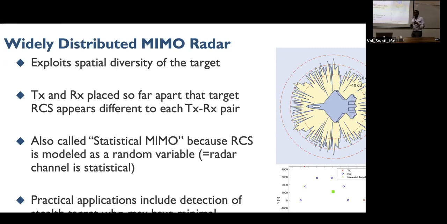The ideal target is a point target, or a small metallic sphere, where you get the same reflection wherever you look at it from. But typically the targets are not like that. So you would get different reflections from different angles, depending on how you look at it. So that sort of gives you a thing about target diversity. So maybe the target is not reflecting.